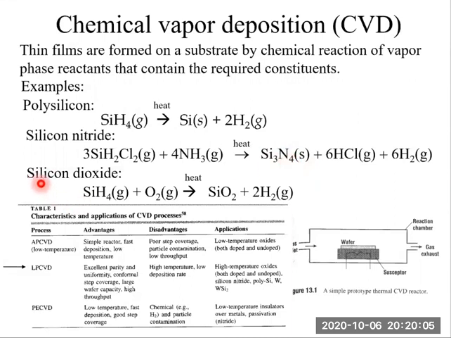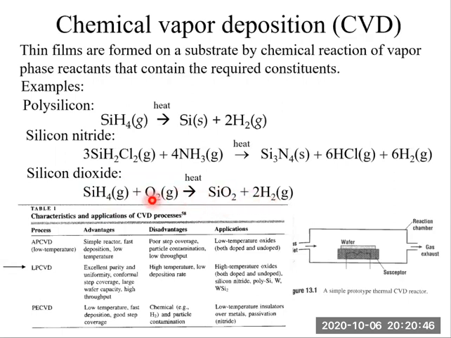And the silicon dioxide. We just learned silicon dioxide thin film prepared by thermal oxidation of silicon. That oxide is called thermal oxide. And silicon dioxide can also be prepared using the CVD method, a different method. In this method, silane reacts with oxygen and generates silicon dioxide. The product of this reaction is silicon dioxide and hydrogen.